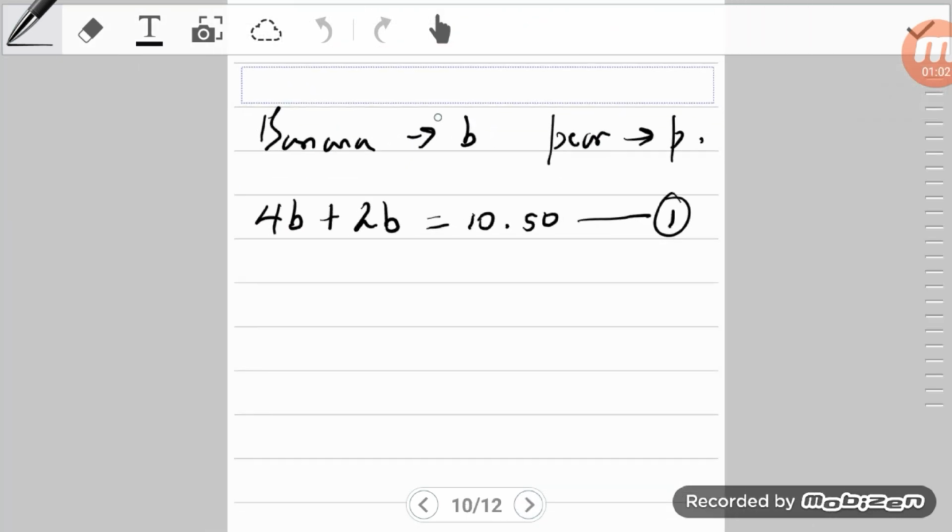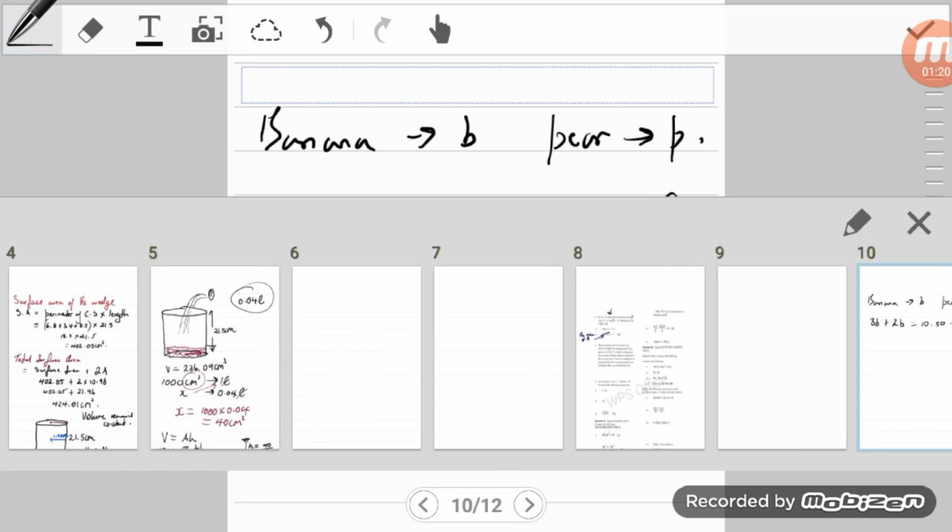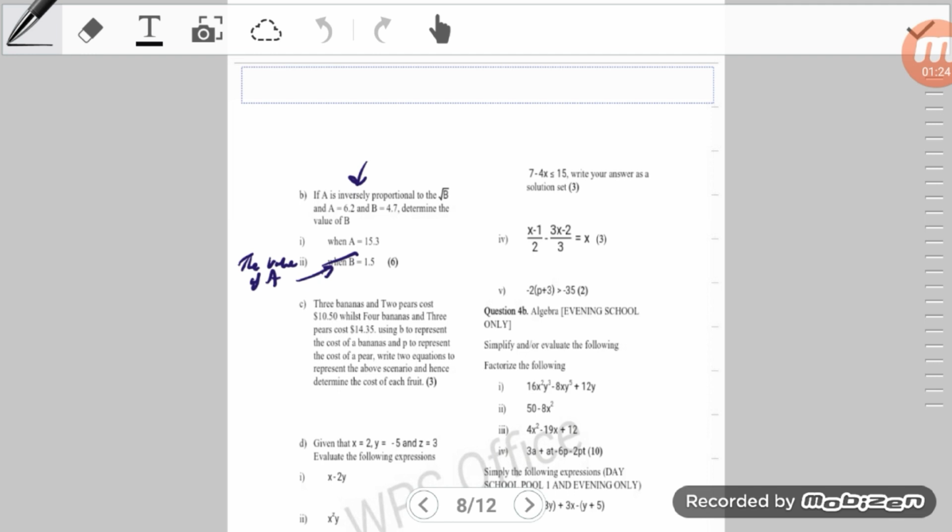The banana is being represented by B and the pear is being represented by P. So the first thing here is that they told us that 3 bananas plus 2 pears would have cost $10.50. And if I remember distinctly, I believe they said here, let's just double check, that 4 bananas and 3 pears.